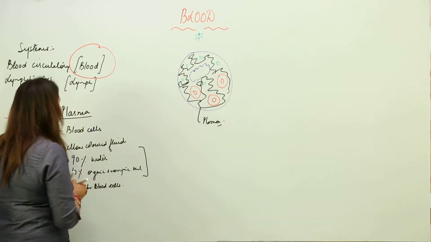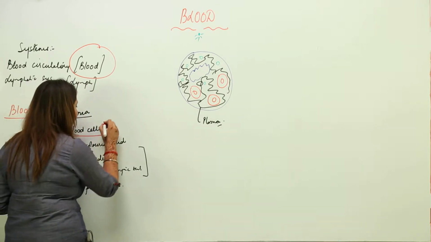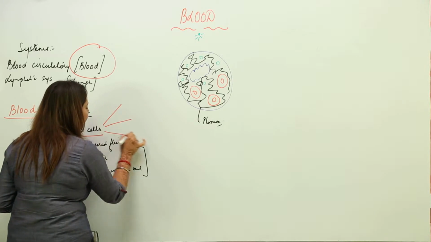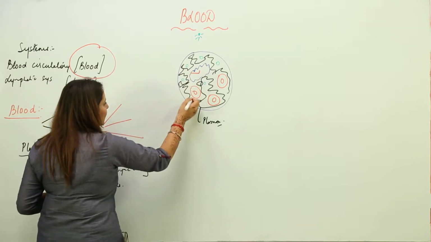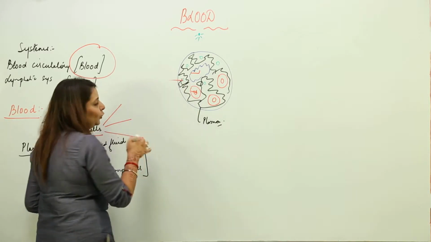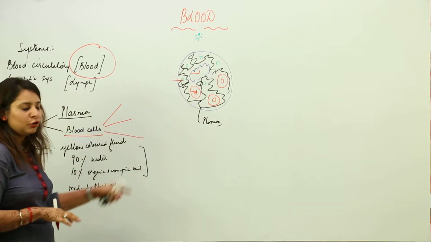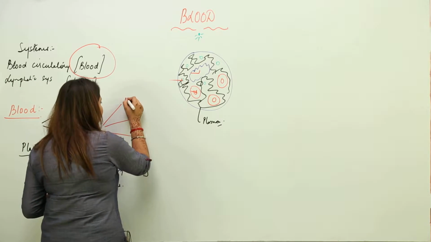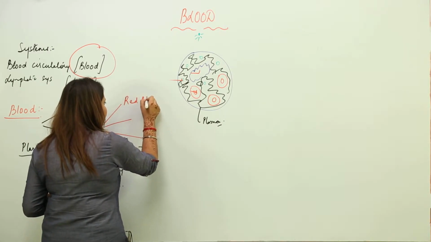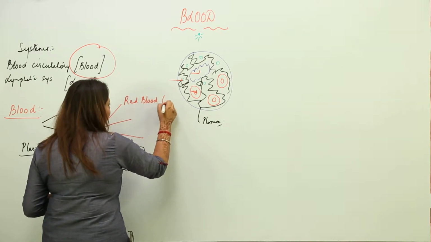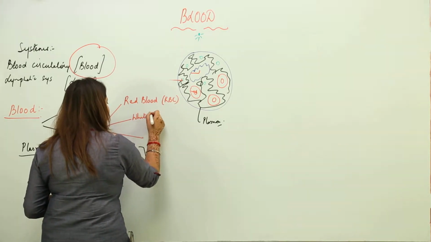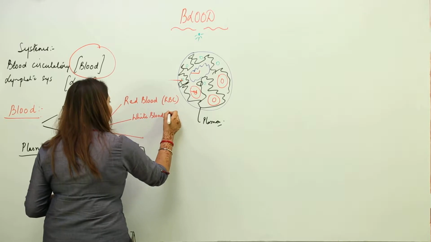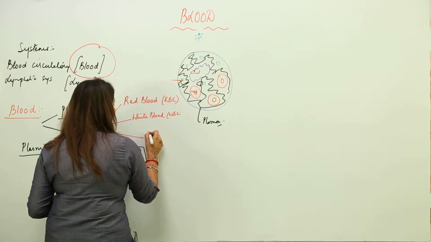Next, coming to the blood cells, we see that mainly we have three kinds of blood cells found in the blood. As you can see, this is one blood cell, and the other types. Only three blood cells are visible in this sample also. So the blood cells are red blood cells, commonly called RBCs, white blood cells, called WBCs, and platelets also.